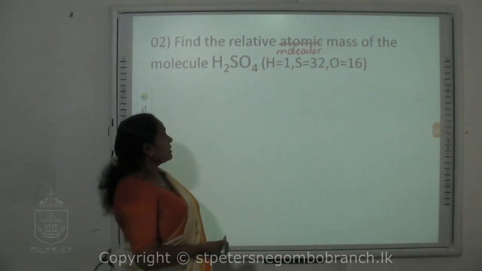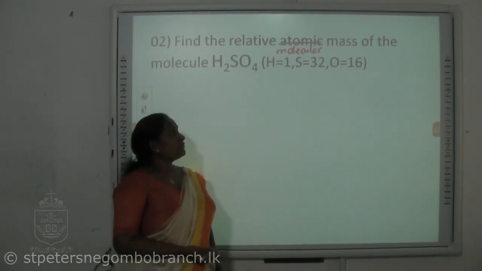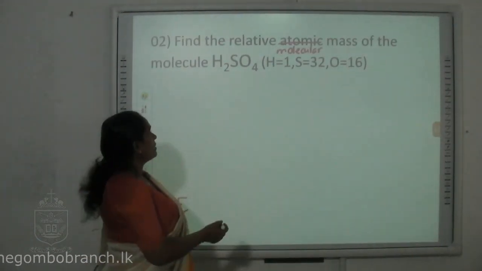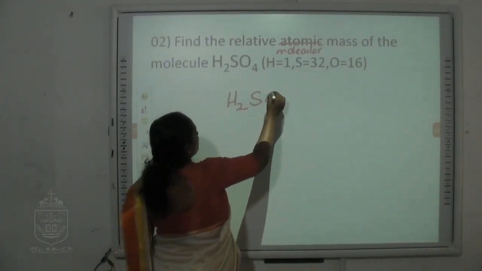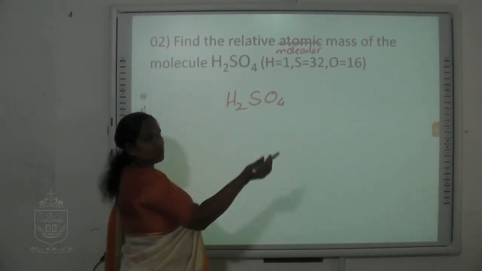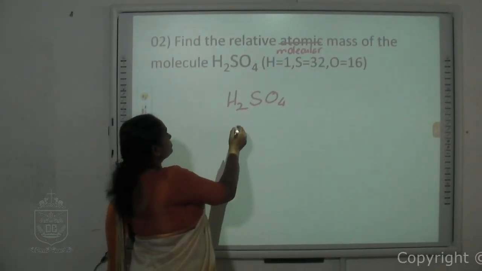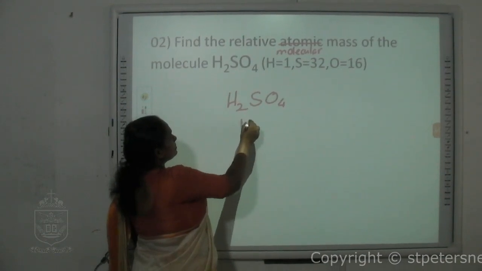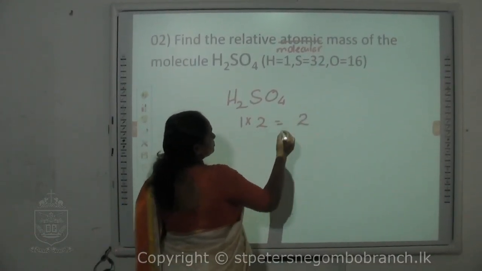Right? This is easy. Relative atomic masses are given: hydrogen, sulfur, oxygen. H2SO4. H2: 1 into 2 equals 2.